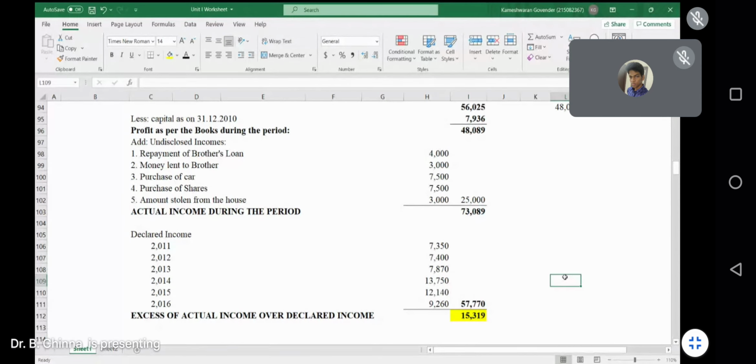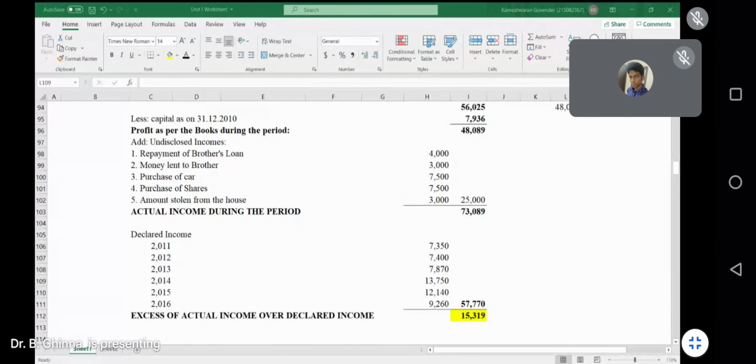Then you should consider drawings as just personal expenses which cover living expenses. Then you just add all the undisclosed income and subtract the declared income. Any doubts, students? Any doubts? No, sir. Okay.